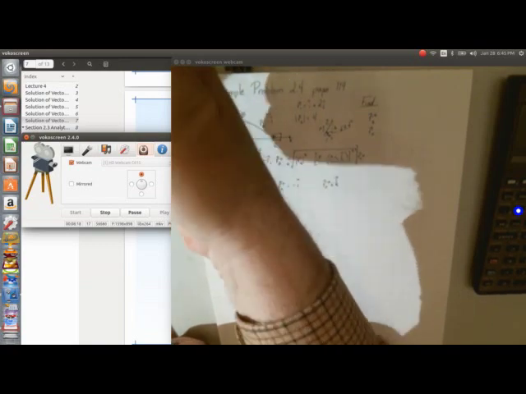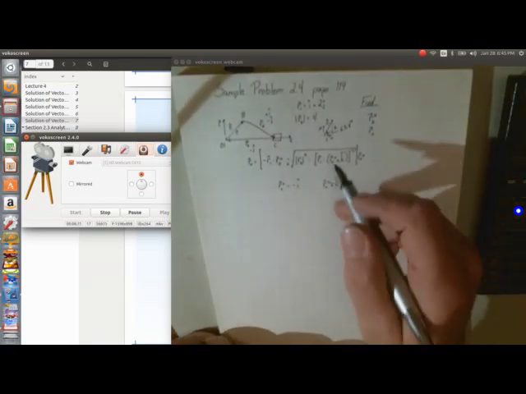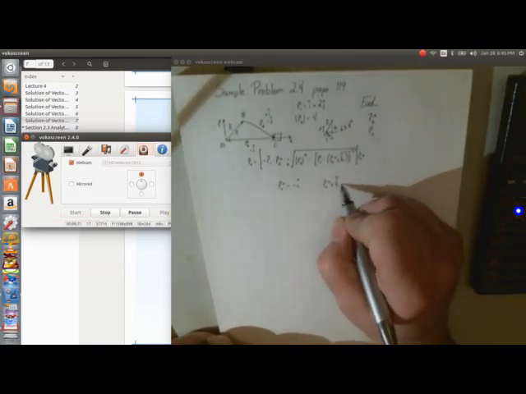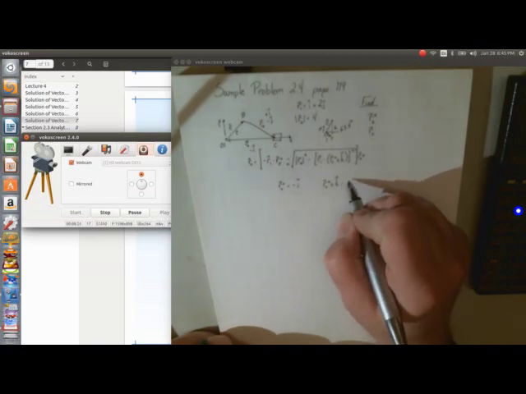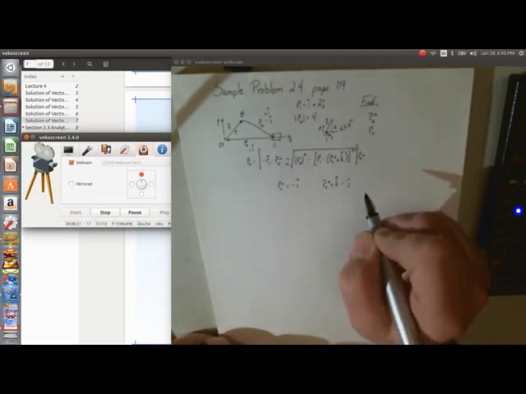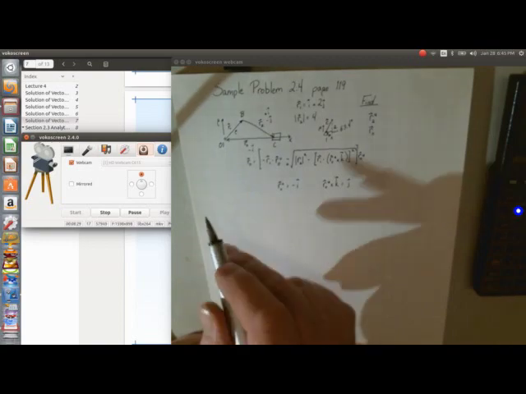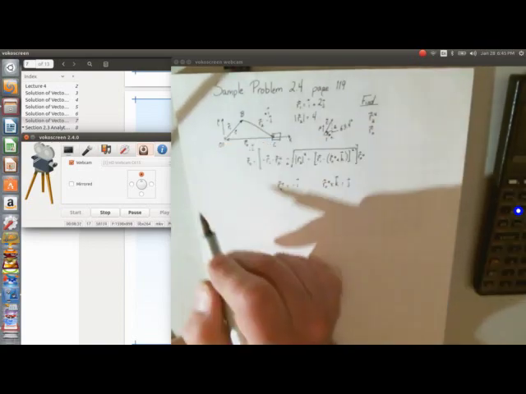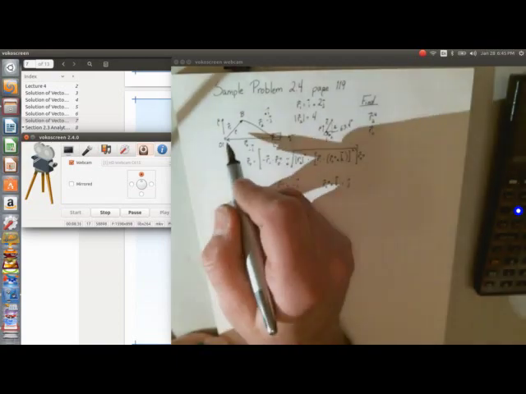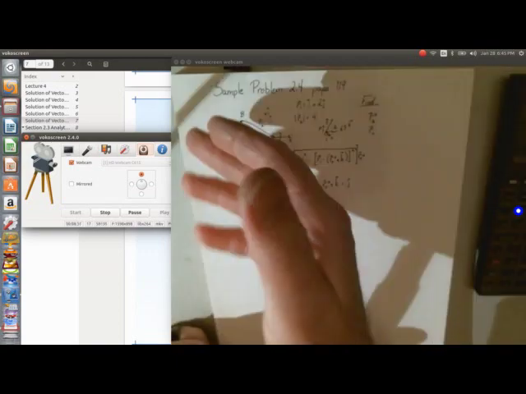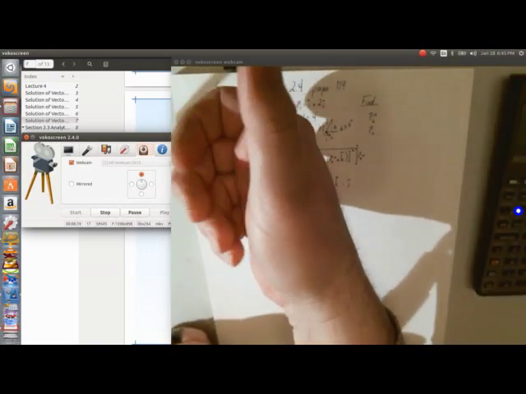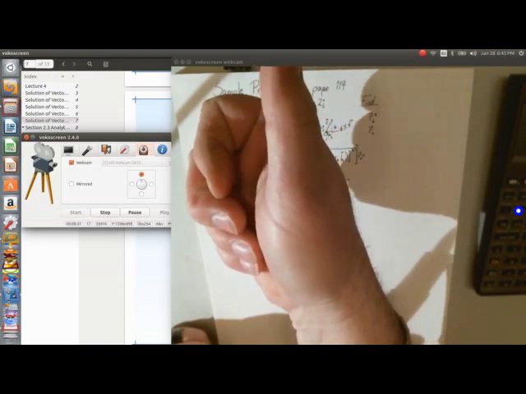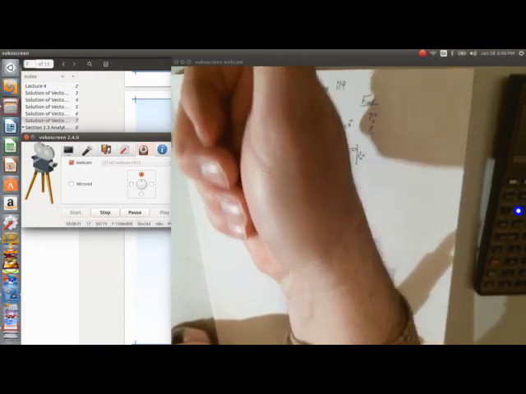So by the right-hand rule, this is equal to the unit vector j. Remember, we're going tail to tail. R sub u is negative in the x-axis. K is coming up. I cross r sub u into k, and I get something that's j.